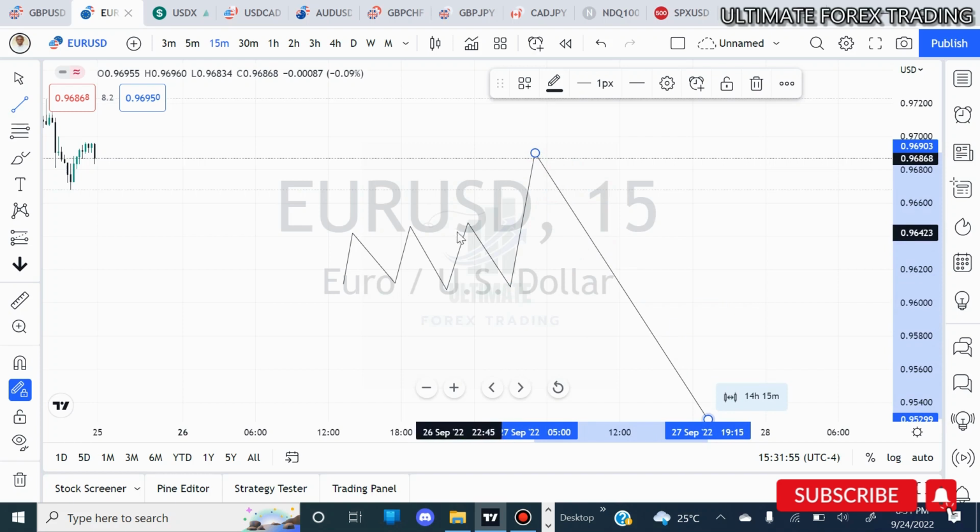So anything below the midnight opening price, that is 0 GMT, you continue selling in a bearish condition, knowing fully that your directional bias is bearish.